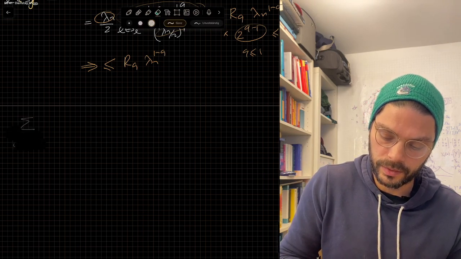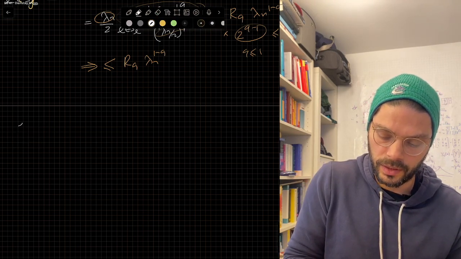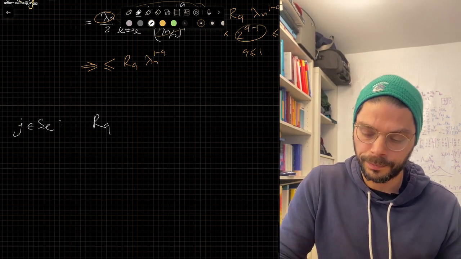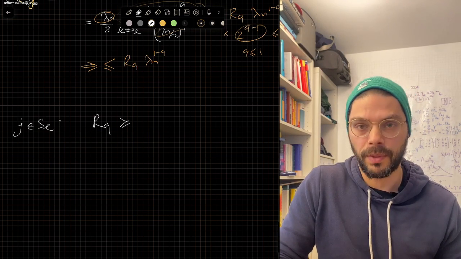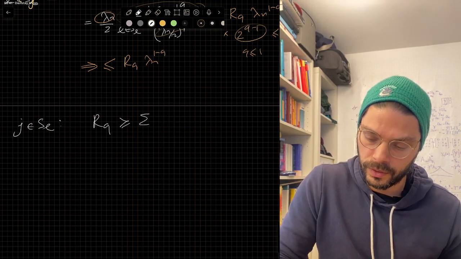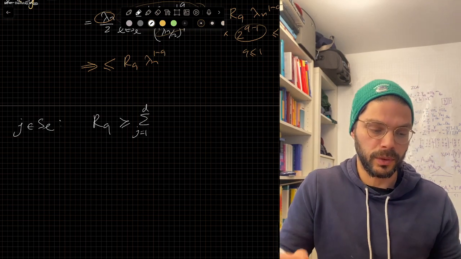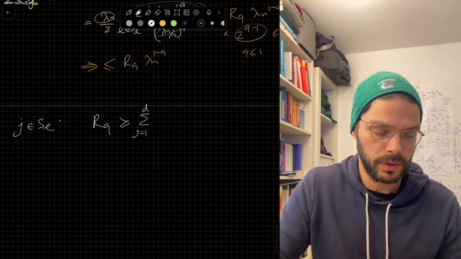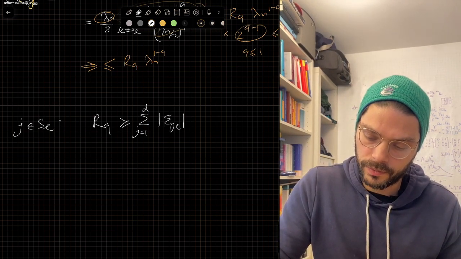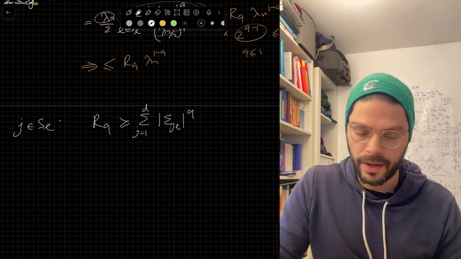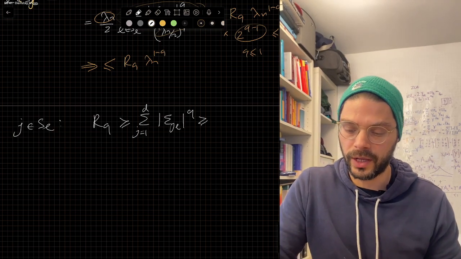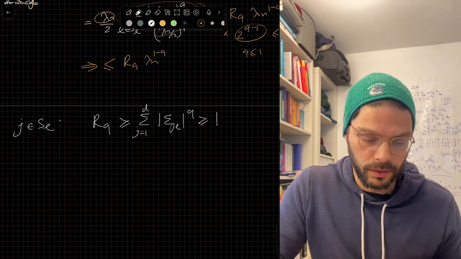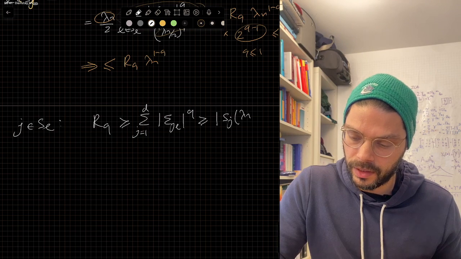So now we're just going to look at R of Q, and we know that this is, by its definition, greater than or equal to the sum over J equal to 1 to D. So we're actually ignoring the fact that we've subsetted some of the columns to the Q. And then this is going to be greater than or equal to, because we're looking at just a subset of those, Sj lambda n over 2.